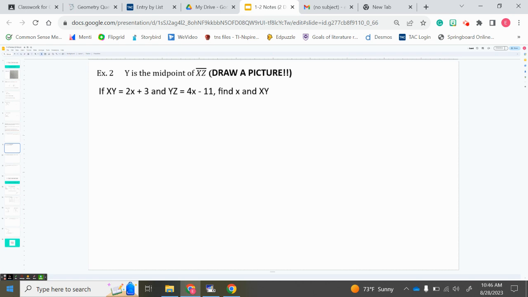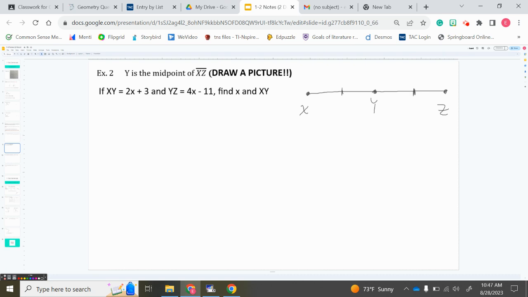The first thing you have to do is draw the picture. So you draw an endpoint, a line segment, and another endpoint, and this segment is XZ. They're saying that the midpoint is Y, so that's going in the middle, making this congruent with this.